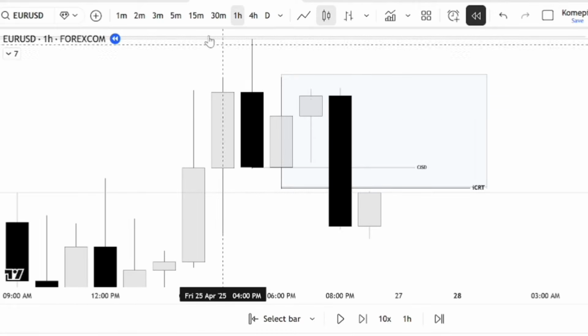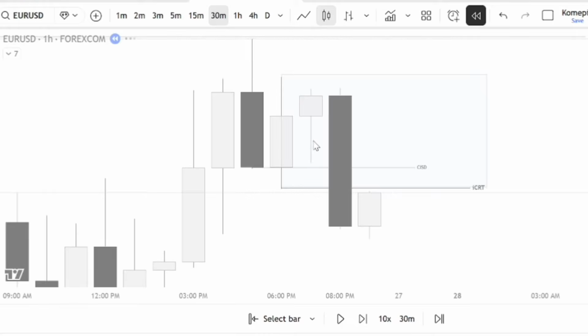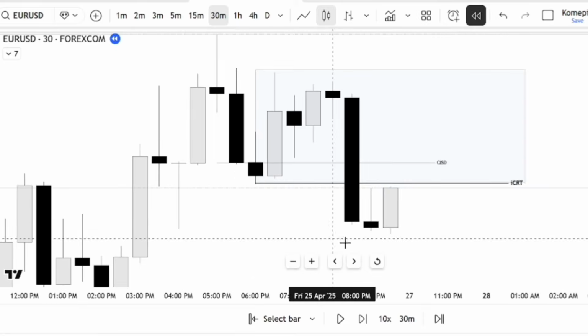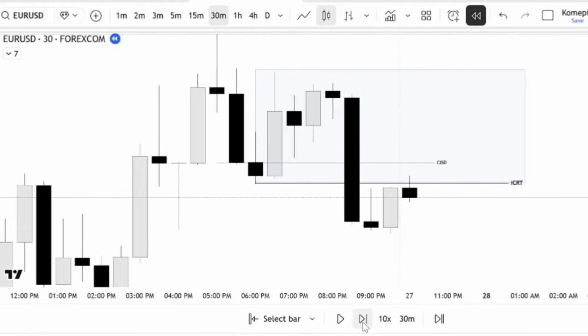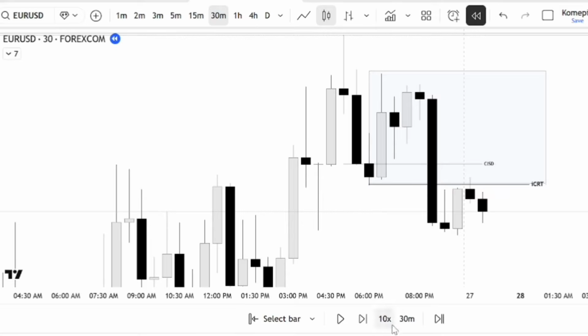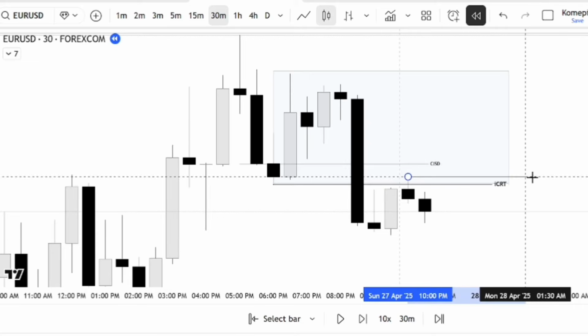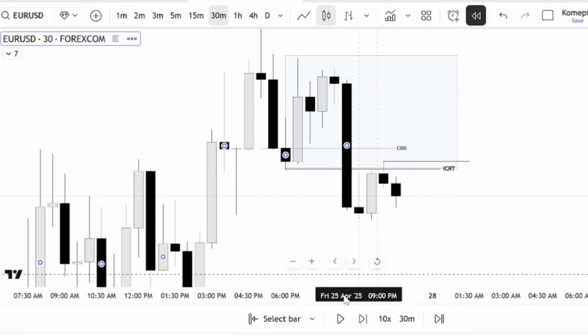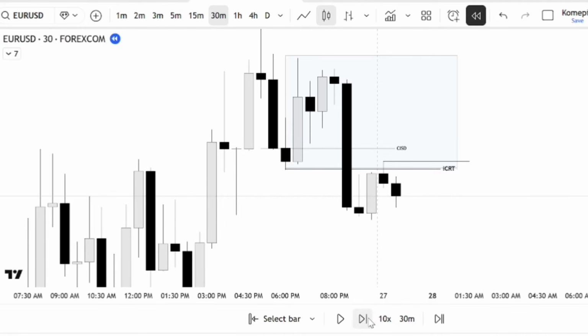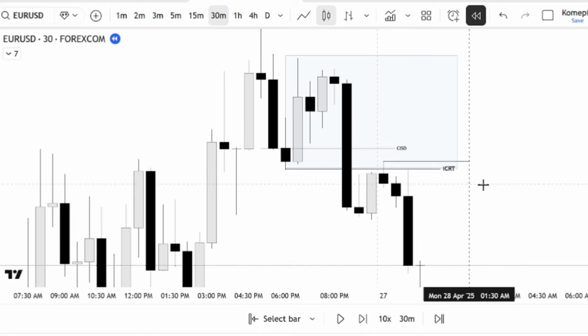Now, having said this, we'll go to the 30 minutes or 15 minutes, as it were, to look for any sort of inducement for any of our key level right here. Now, what can we see here? We have this as a form of inducement, right? These are inducement that we have already on the 30 minutes.